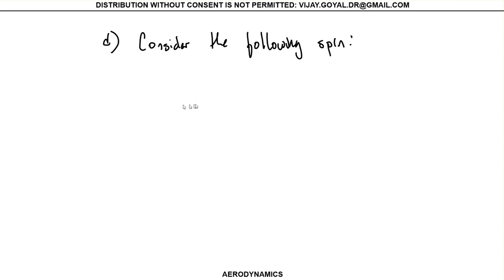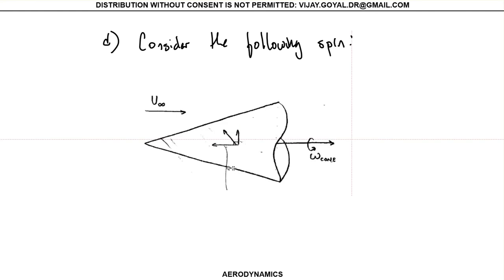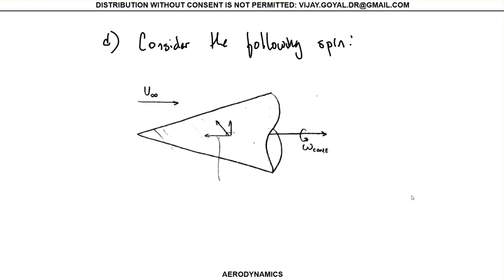Now, in this example, let's consider a cone, and this cone is rotating, and this over here is nothing else than my vortex line.